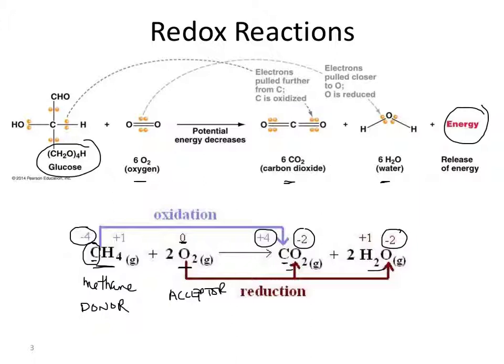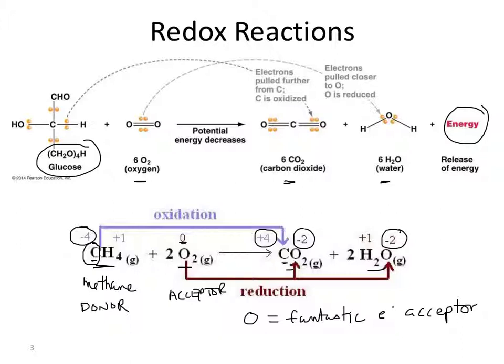Generally speaking, oxygen is a fantastic electron acceptor. It is the best naturally occurring electron acceptor on Earth, okay? Which is a big part of the reason why aerobic respiration, and it doesn't have to be with glucose, any kind of aerobic respiration is a fantastic way to gain energy.